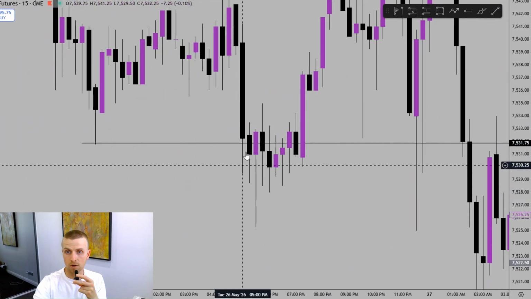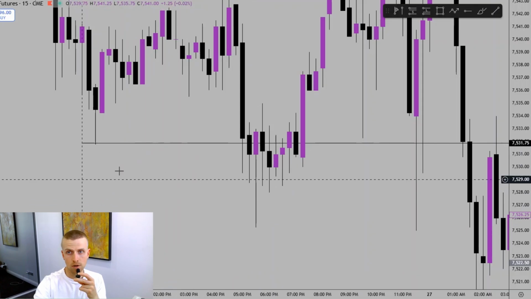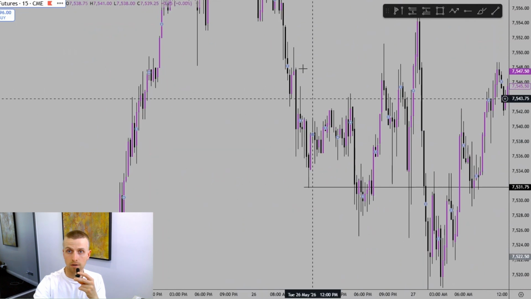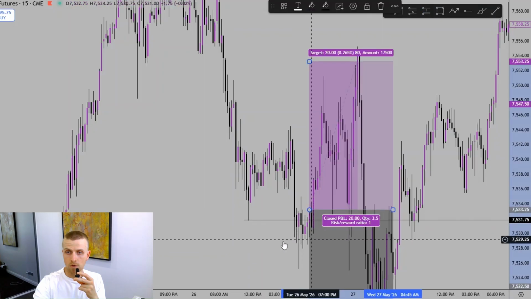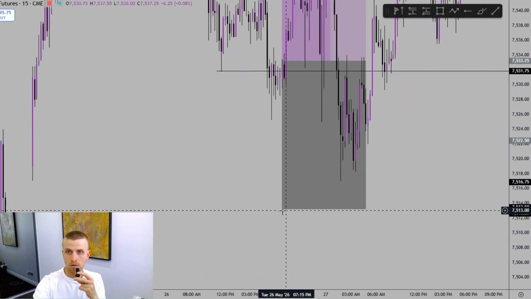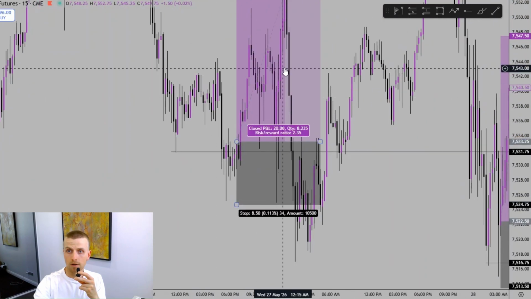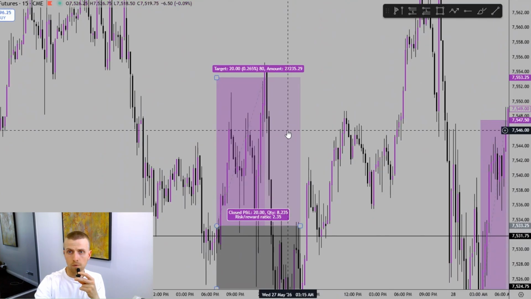So that's what's taking out all of the orders or all of the liquidity that's just below us. And then it comes up to attack the highs. So you'd wait for a strong closure above. Stop loss just below the low. And you'd get a very nice 2.5R.